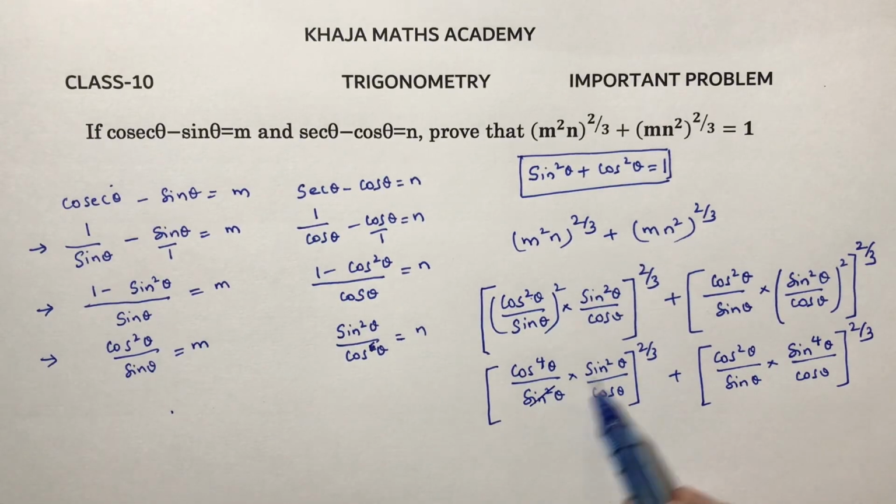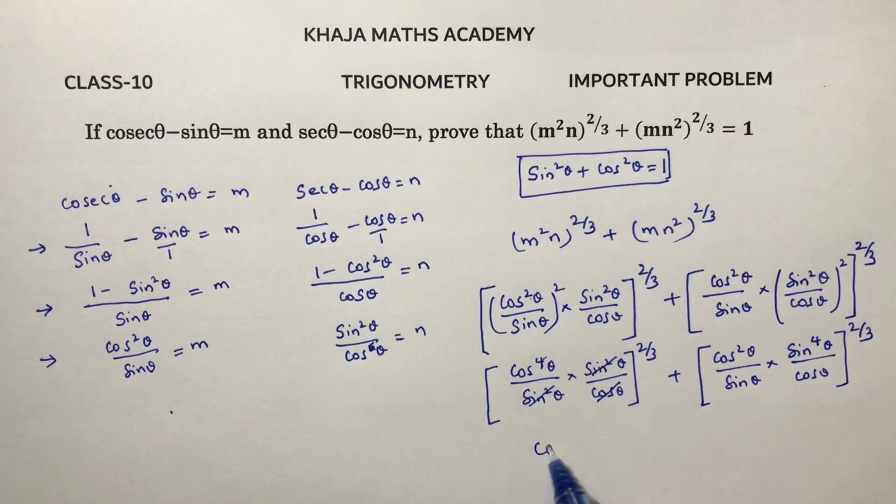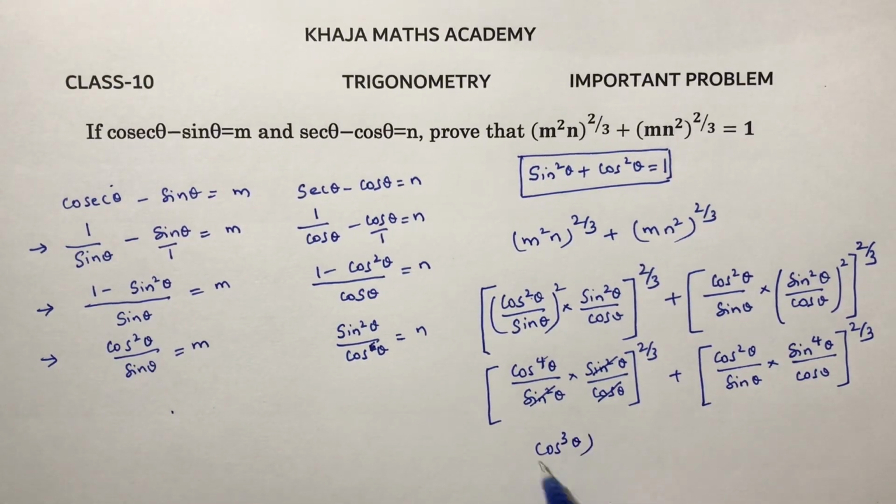Here sin square and sin square will get cancelled. Cos power 4 by cos, one cos and one cos will get cancelled. We will be left with cos cube theta whole power 2 by 3.